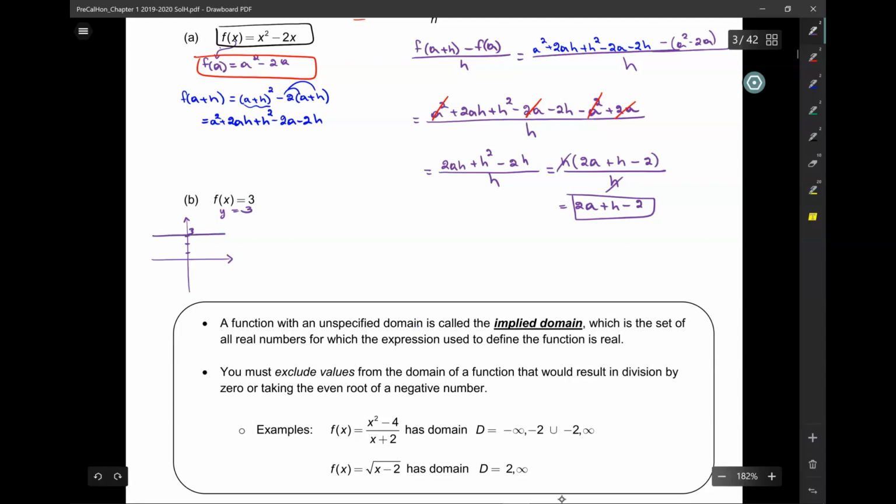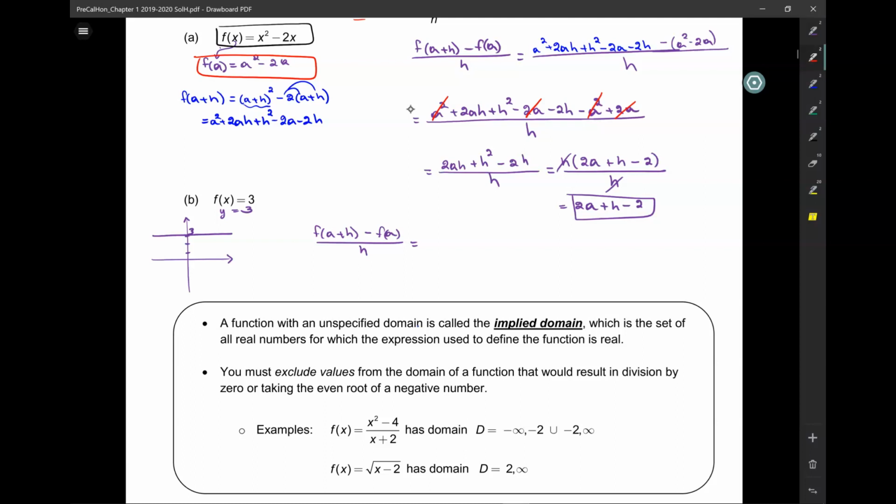No matter what x is, y equals 3. When x is 1, y equals 3. When x is 5, y equals 3. Now what I want to find here is f of a plus h minus f of a, over h. So that's my function, y equals 3, f of x equals 3.